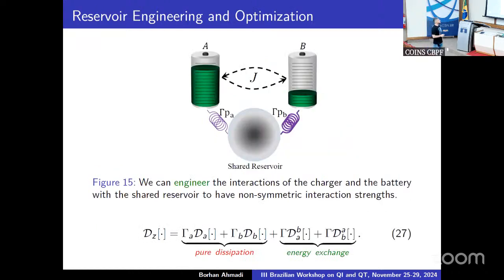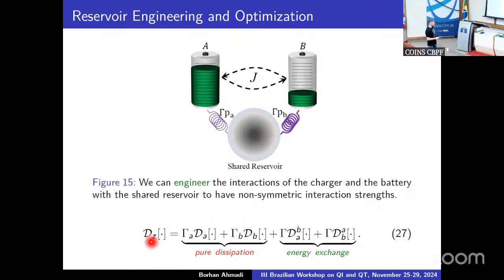There is a way for improving the energy transfer, and it's this. Using the shared reservoir, I can engineer my interaction. I told you in the beginning that the interaction with the common bath for the charger is defined by gamma PA, and for the battery is gamma PB.